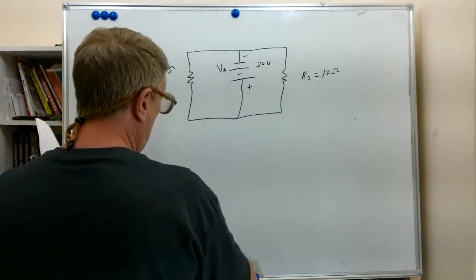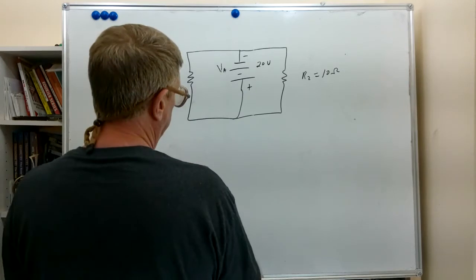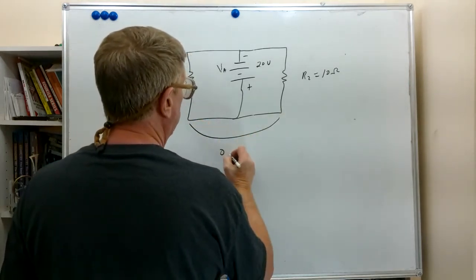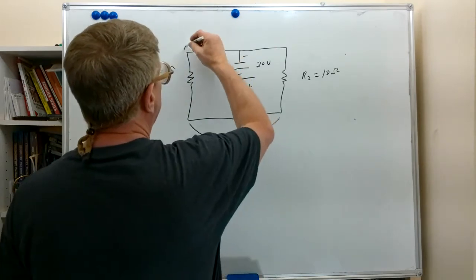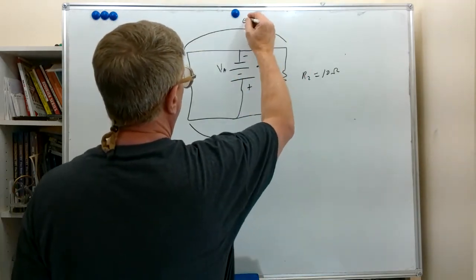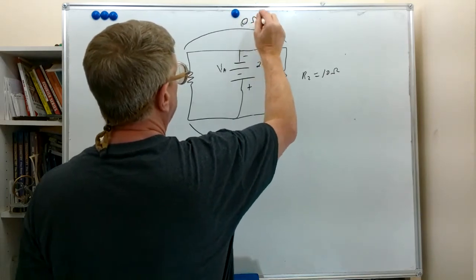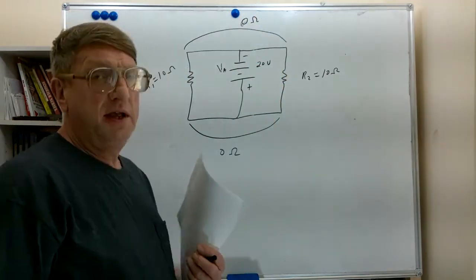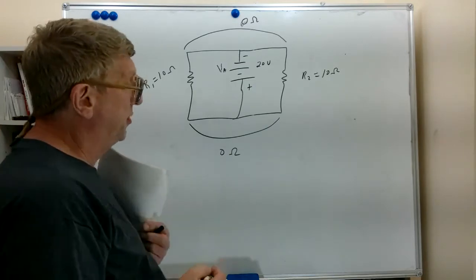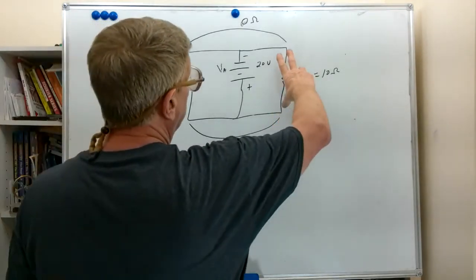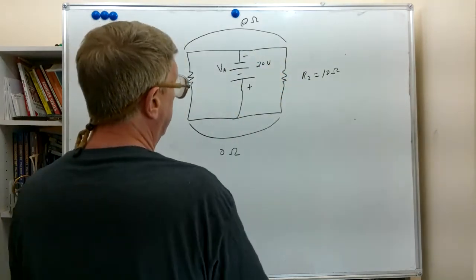Basically, because of the low resistance of the wire, which we're going to call 0 ohms from here to here, and the same from here to here, we'll call that 0 ohms. Granted, a wire isn't perfectly 0 ohms, but it's so low for our purposes we can usually consider it to be 0 ohms. You can see that R2 is connected to this wire directly.